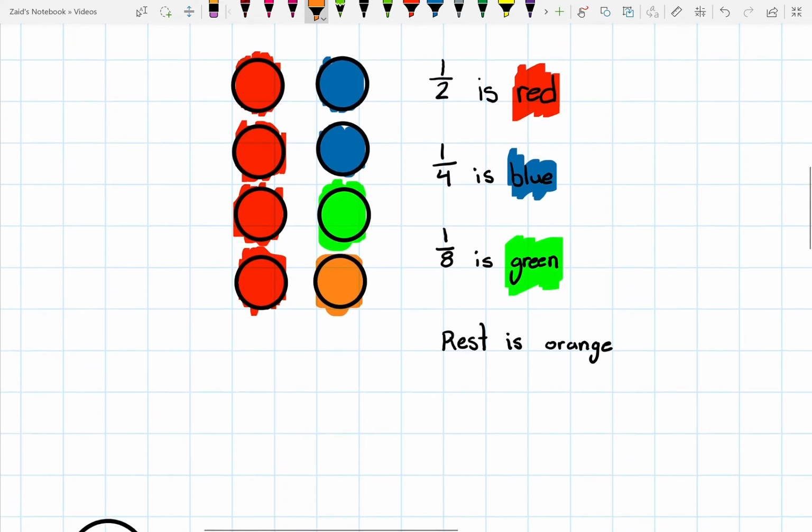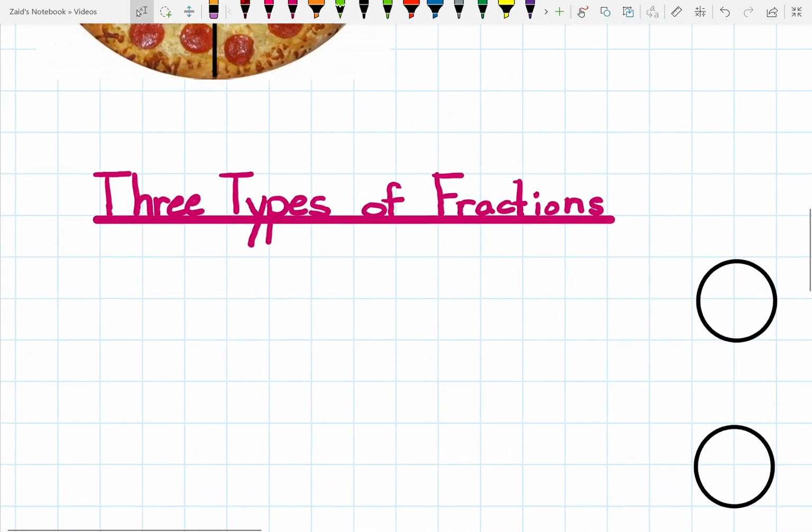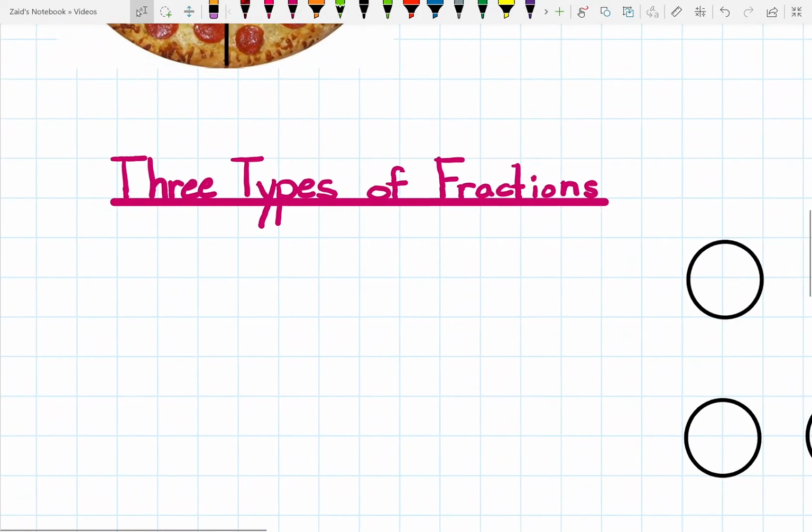Okay. Now we have 3 types of fractions. The first type is called a proper fraction.